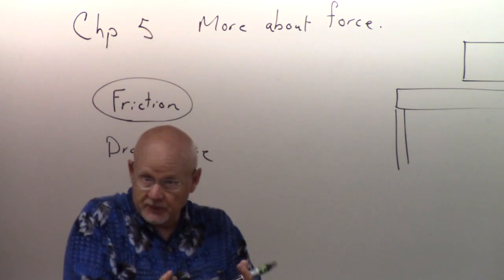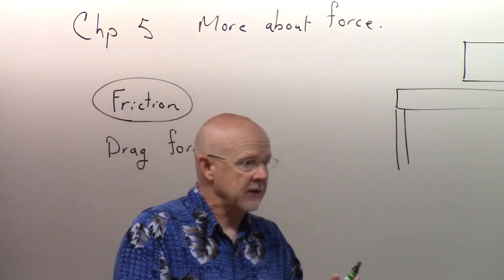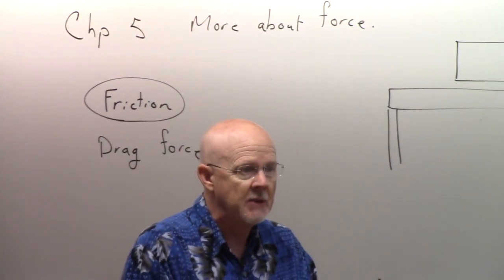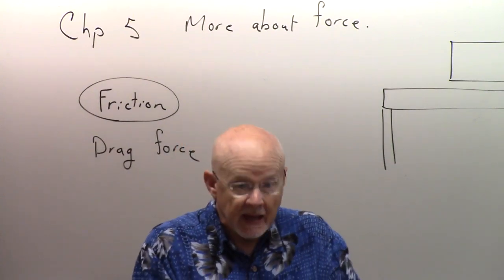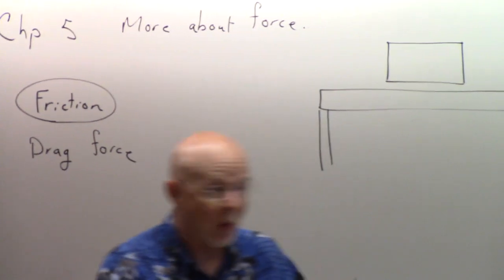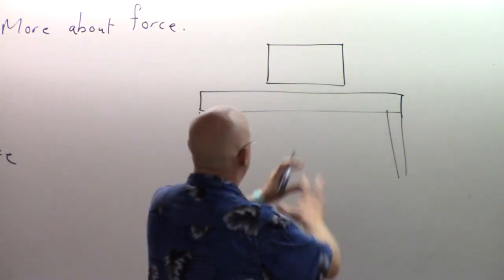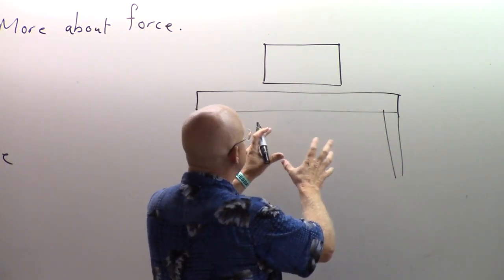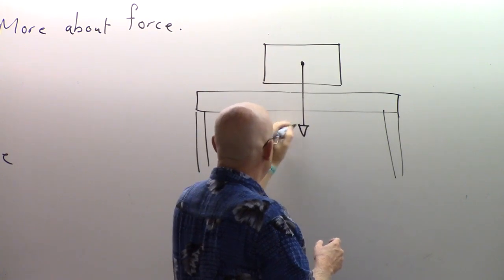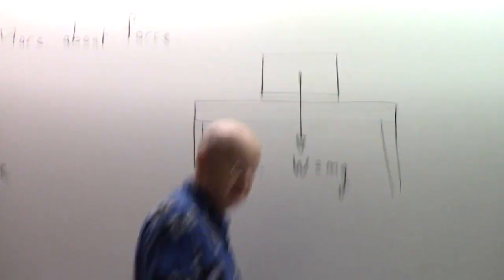That was kind of my description last time in chapter 4 as we were getting started. We talked about pushing somebody or pulling somebody. We could have a rope tied to them. But all these forces I talked about had something contacting it plus gravity, the weight of it. So if I were to say, all right, what is the free body diagram here? I guess maybe I would start with the weight of it, which we learned was mg.